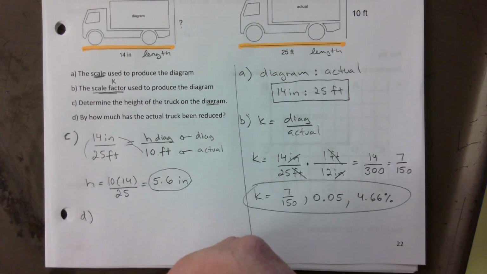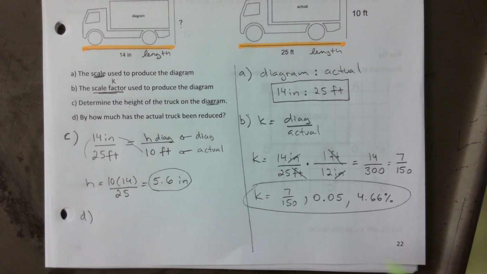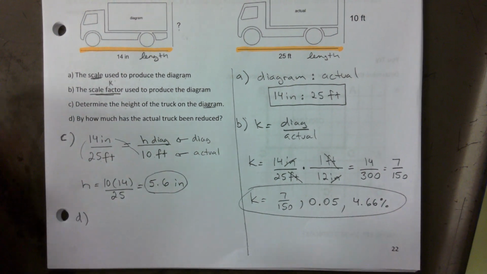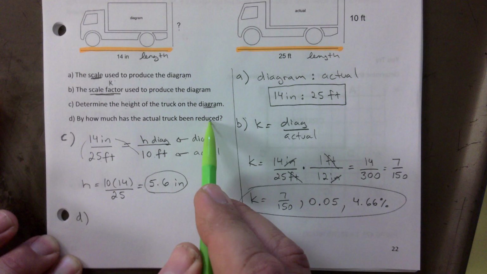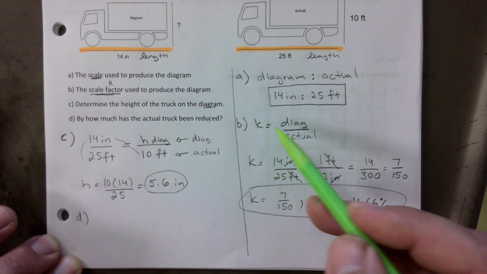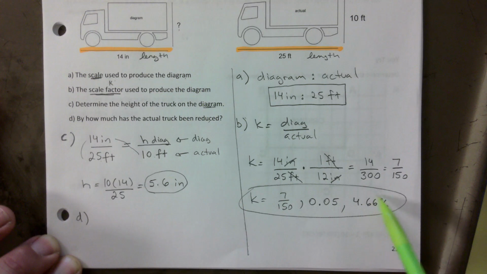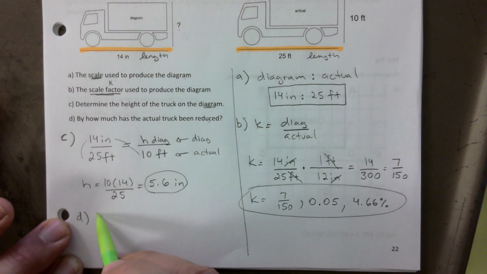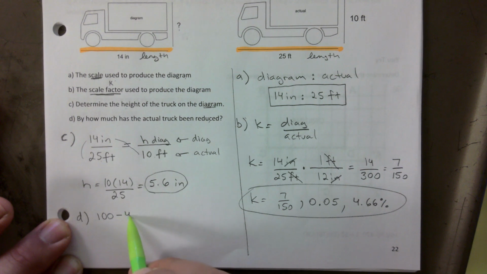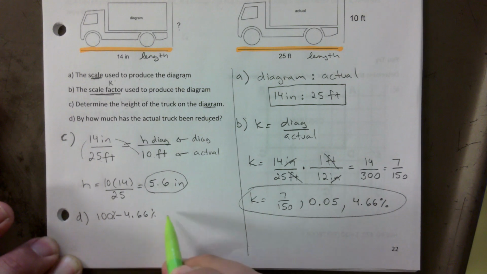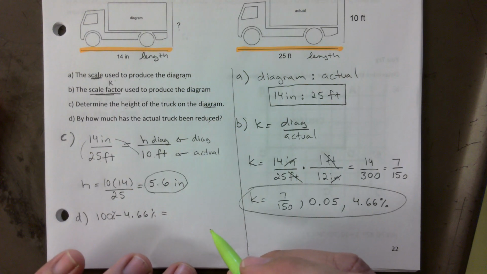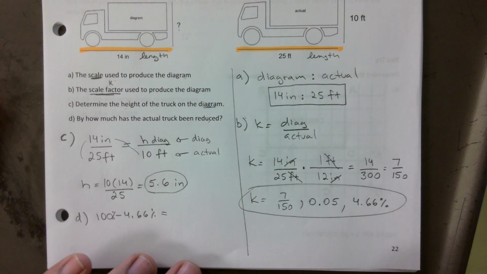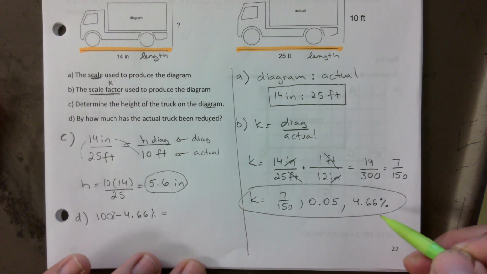And last but not least, D. By how much has the actual truck been reduced? We know it's a reduction because K is less than 100%. Okay? So we go 100% minus 4.66%. Oh, sorry, did I make a mistake rounding this one?